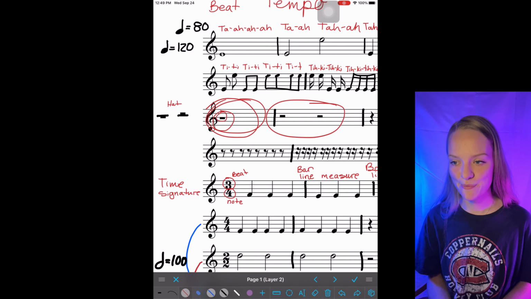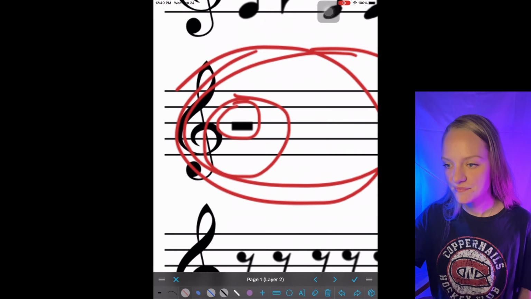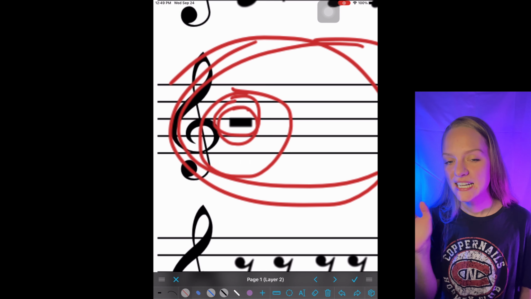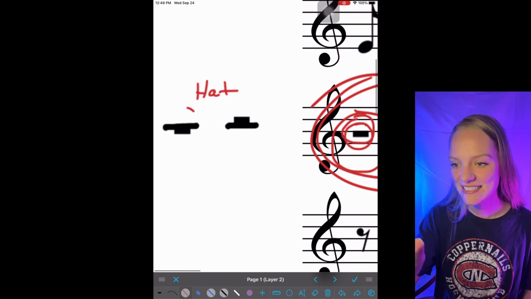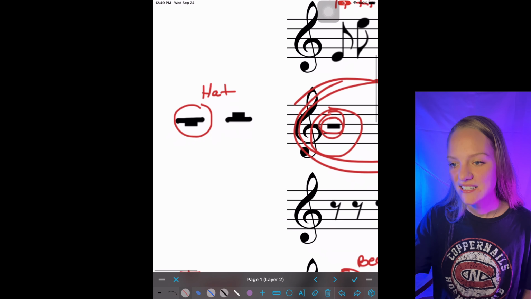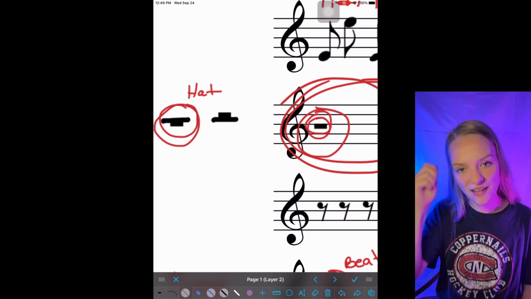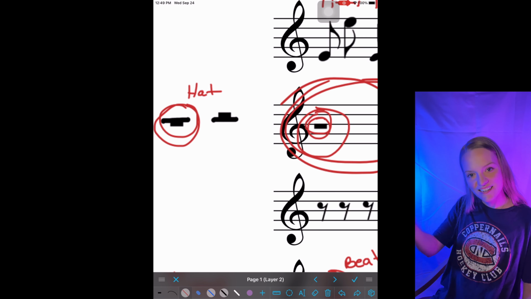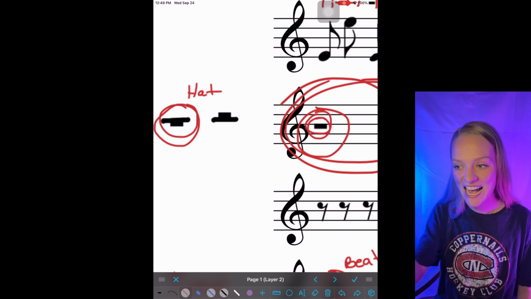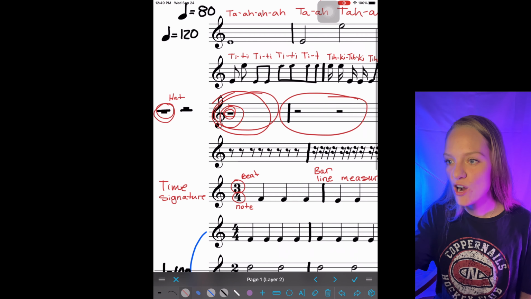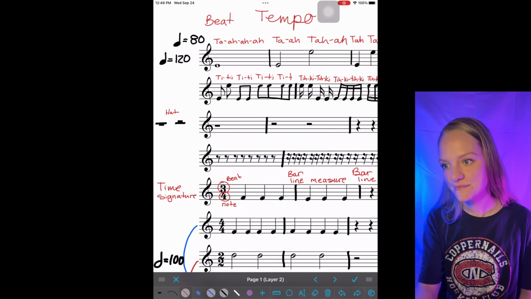Anyway, it's a rectangle that is below the line. Here's a good way to think about it. If you have a whole rest, it looks a little bit like a hat. And this hat looks like a man has taken off his hat because it's upside down. So if a man takes off his hat, he is going to stay for a long time.